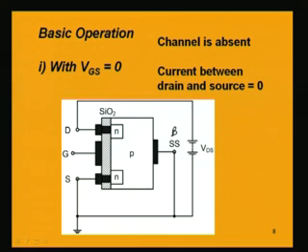Although there is a voltage being applied, which is VDS, what does this voltage do? Basically, this voltage makes the two PN junctions reverse biased. If we notice the junction between the P type substrate and this drain, which is an N type semiconductor, this is nothing but a reverse biased PN junction.